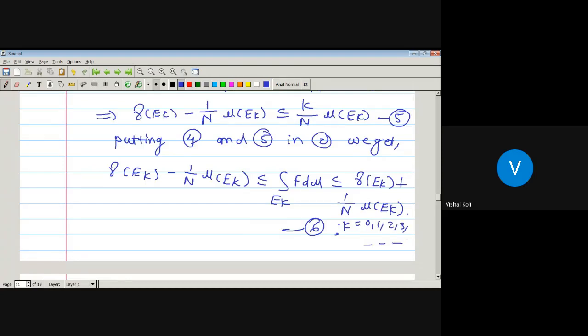Since alpha is any rational number and we have taken k by n, k is running from 0, 1, 2, 3. After adding all these terms, the first term would be nothing but gamma of e1 minus (1/n) times the measure of e1, plus the integration over set e1 of f d mu, which is less than or equal to gamma of e1 plus (1/n) times the measure of e1. Similarly for e0, e1, e2, e3.